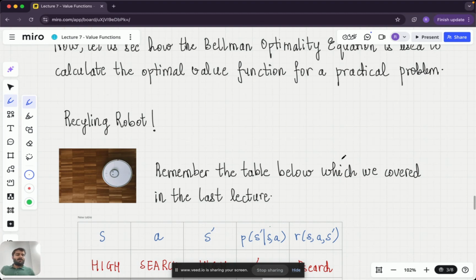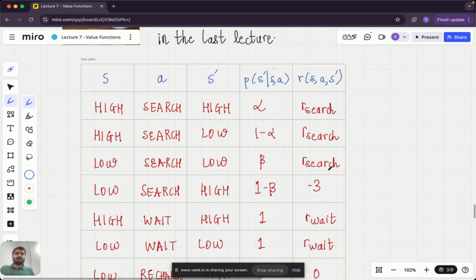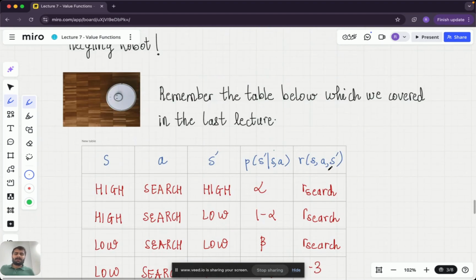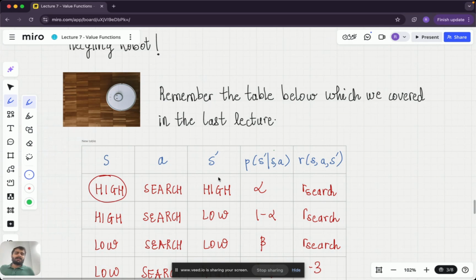Otherwise, we are giving a reward of R search where the robot is actively searching. If the robot waits, and someone else puts the cans, then we give a reward of R wait, where R search is greater than R wait. And this is the table that we saw. Let's take one example. If the robot is in the high state and performs an action of searching and stays in the high state, then the reward that the robot gets is R search.